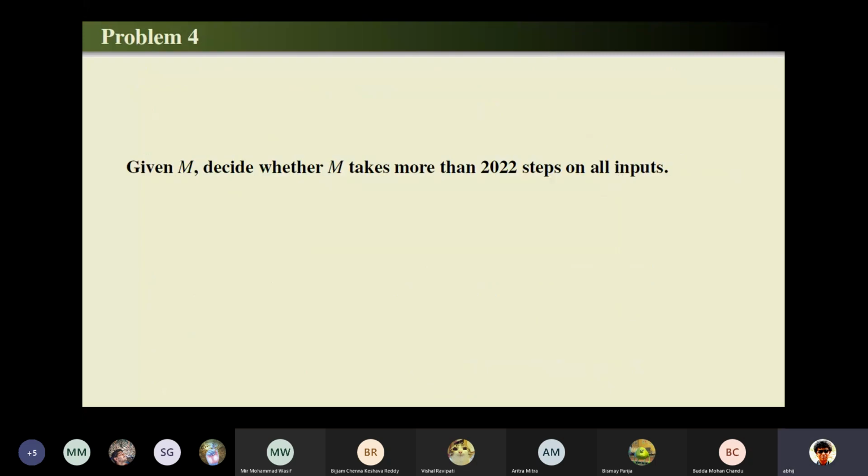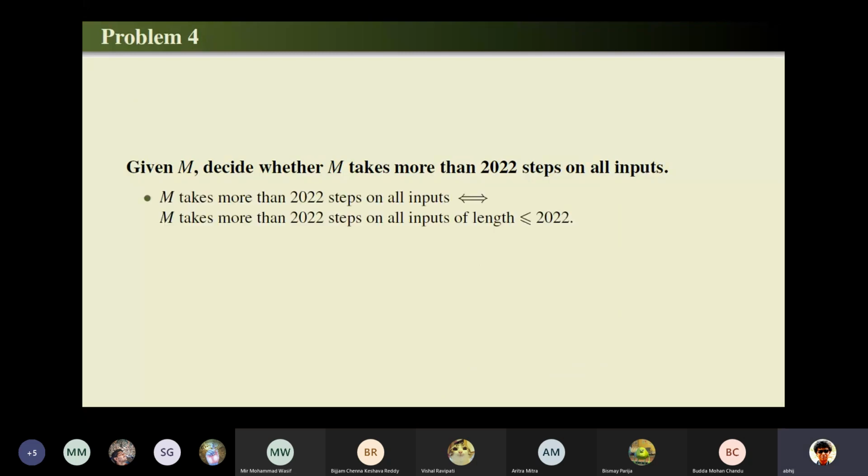This is something very similar. Given M, decide whether M takes more than 2020 steps, not on some input, but on all inputs. This is basically the squeezing idea. M takes more than this many steps on all inputs if and only if M takes more than these many steps on all inputs of length less than or equal to 2022.